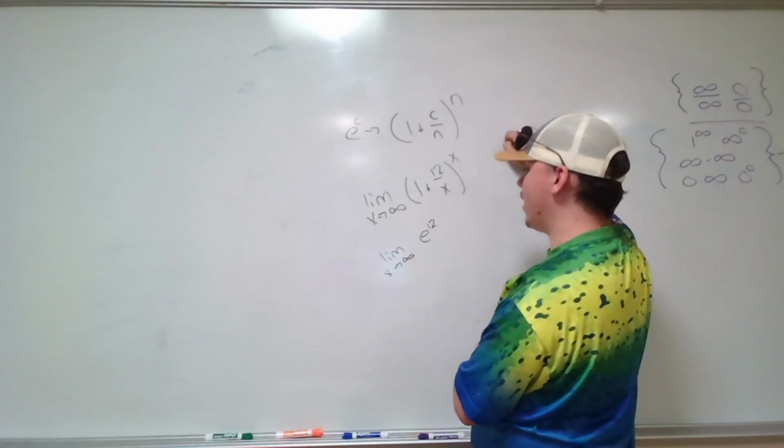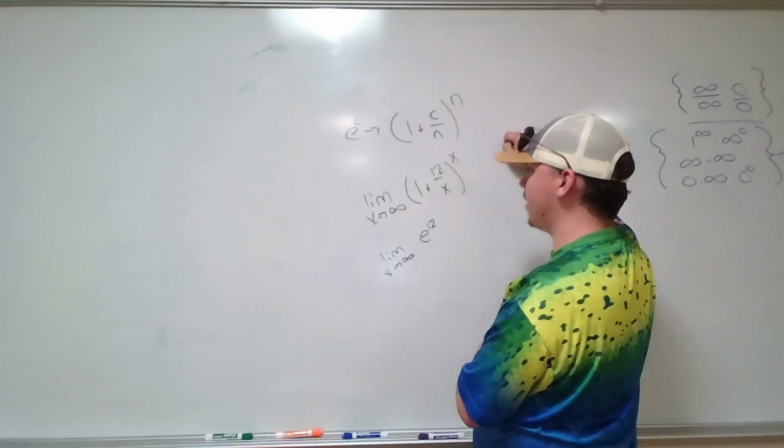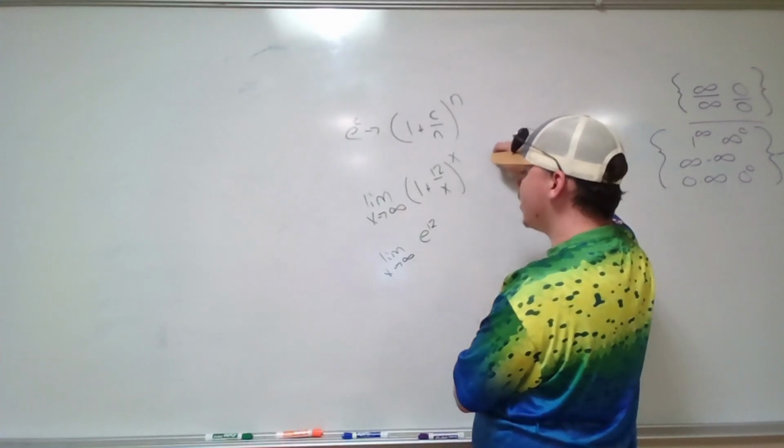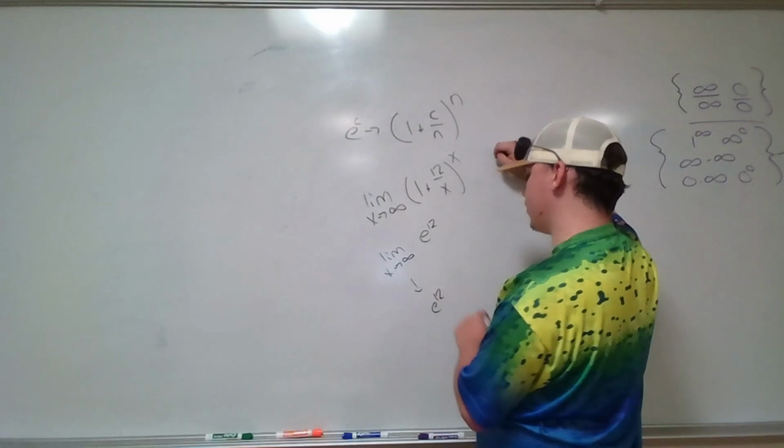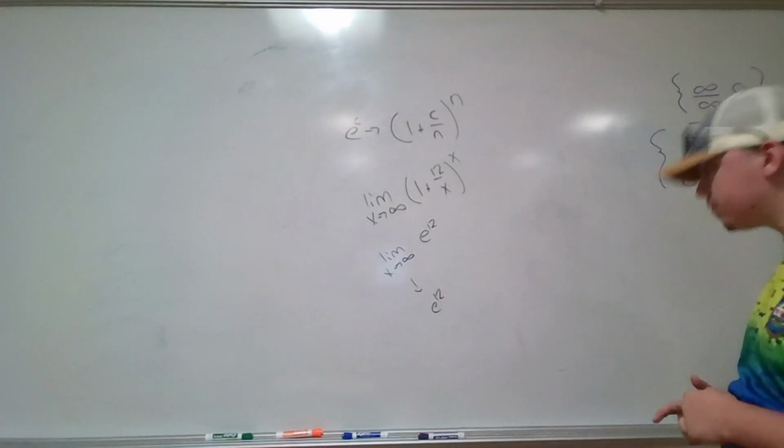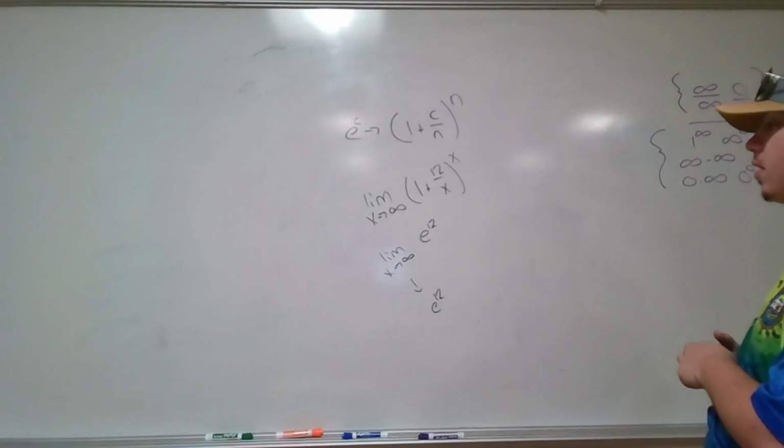So, now that I know that x is going to infinity, I can just say that the limit of the value is e to the power of 12. And that's as simple as it, or as hard as it gets.